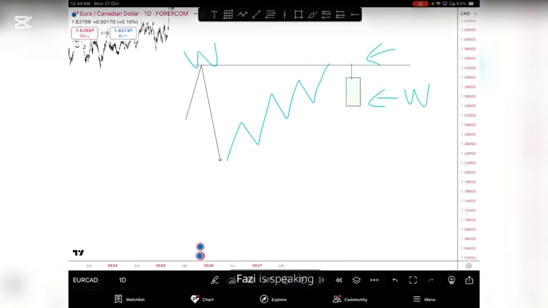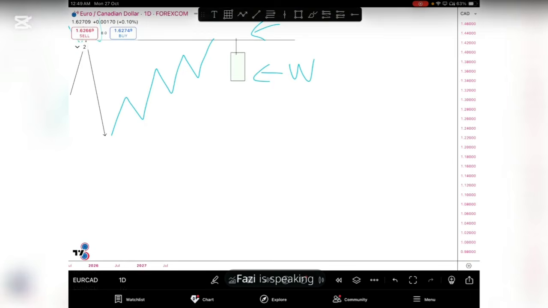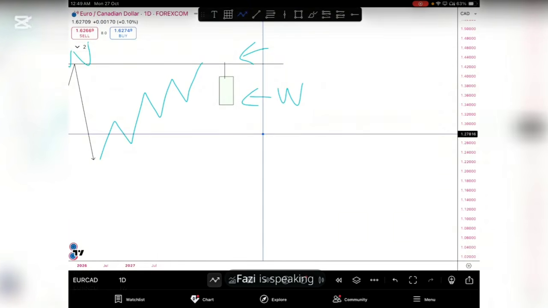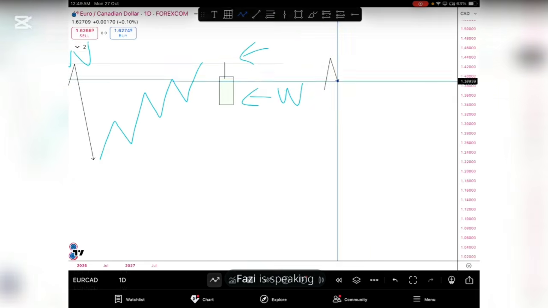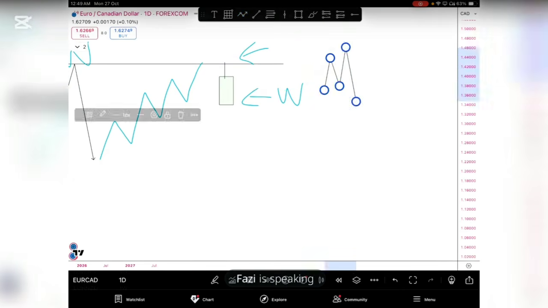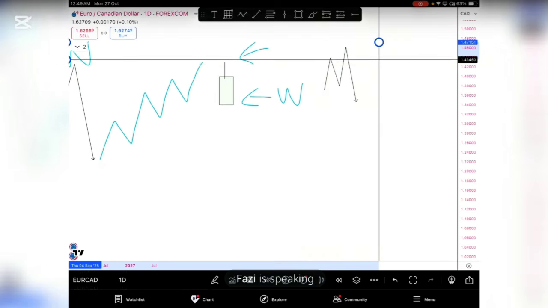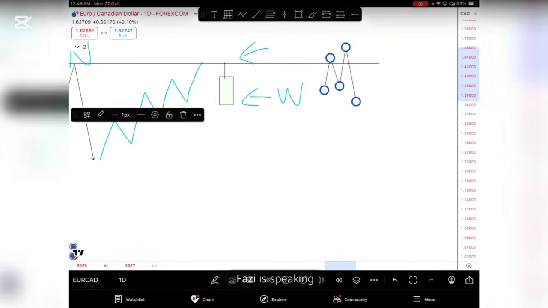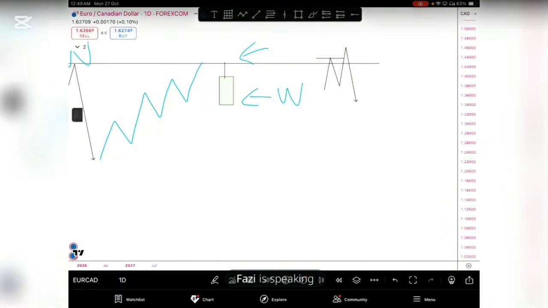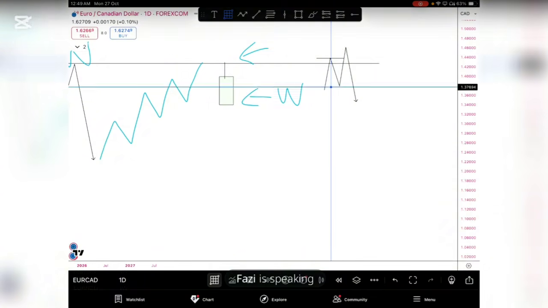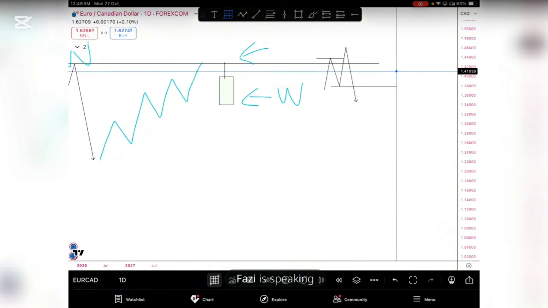What is the second thing? You need to go one time frame lower, which is the daily. That daily needs to give you a sweep and breakout structure. What is a sweep and breakout structure? Here we have the weekly key level. That weekly key level needs to be swept like this by a daily candle, and it needs to break the structure like this.